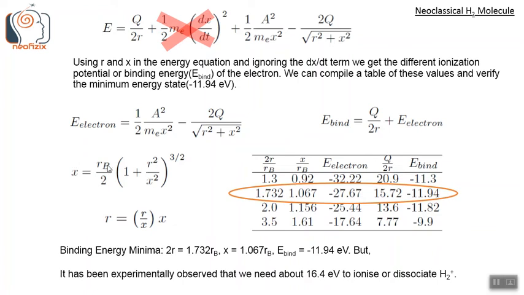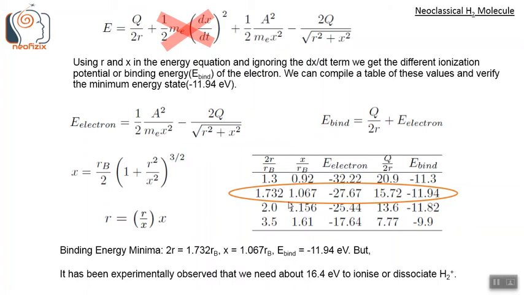From the previous slide we saw how to determine x and r given a ratio r by x. So at various values we compile this table using these definitions: E electron, E bind, x and r. So we get this table.